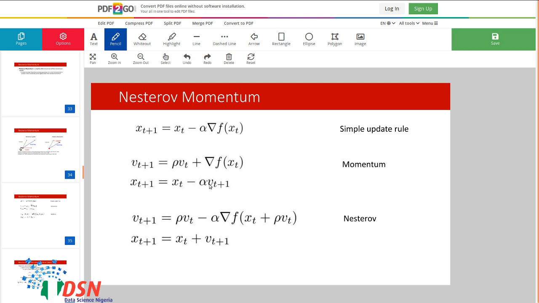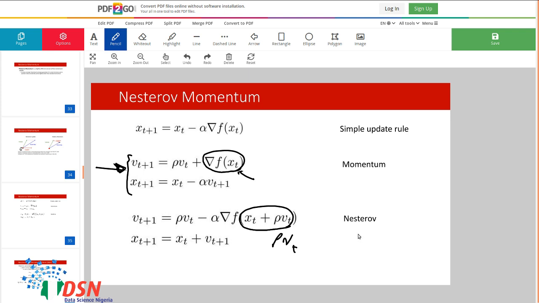When we use momentum, we use the gradient at the point x of t, but when we use Nesterov Momentum, we use the gradient at x of t plus rho v t, which is another point, some kind of next step.